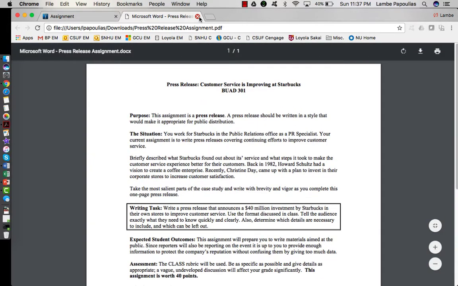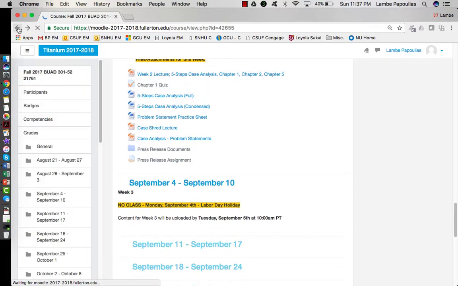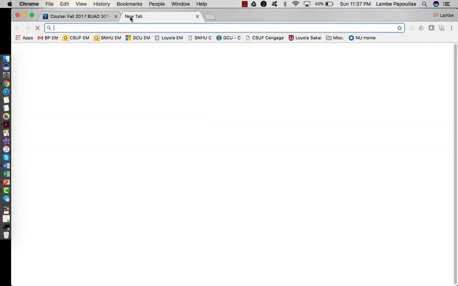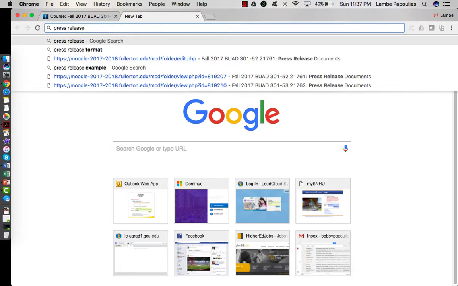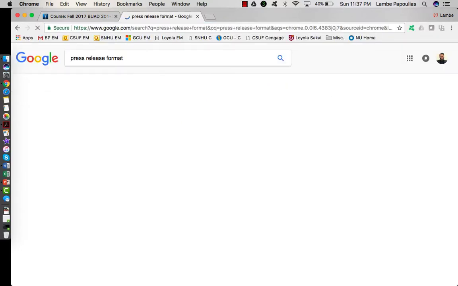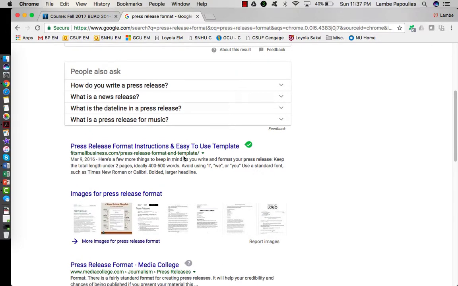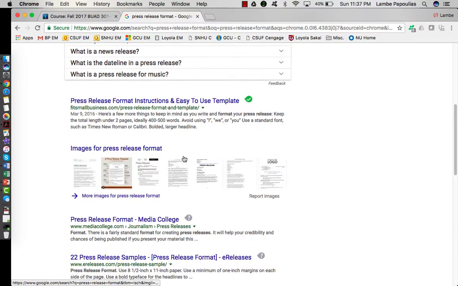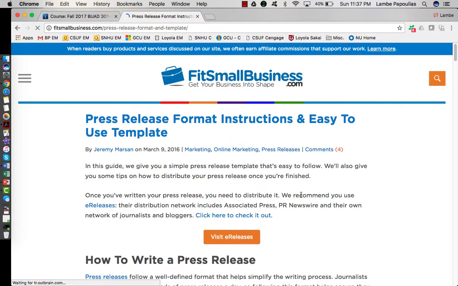So again, make sure to look at the press release examples in the Business Writer Handbook. This is where they show the different formatting options. What I like to do is even Googling press release format can help you get a good idea of what you need. So let's look at this one, press release format instructions and easy to use template.